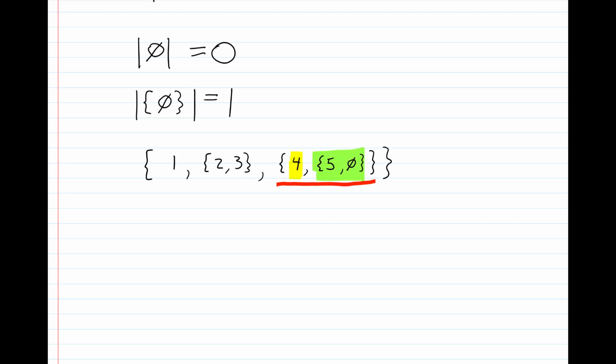I see 2 things in there. Not 3, just 2. Because when I look in this set that I've underlined in red here, I don't see that 5 and that empty set because they're inside of a smaller box. I can't see through the cardboard of that smaller box. Okay, do you see what I'm saying?